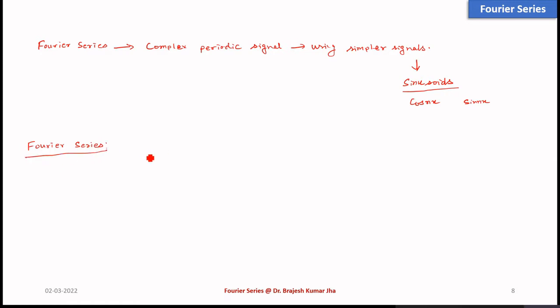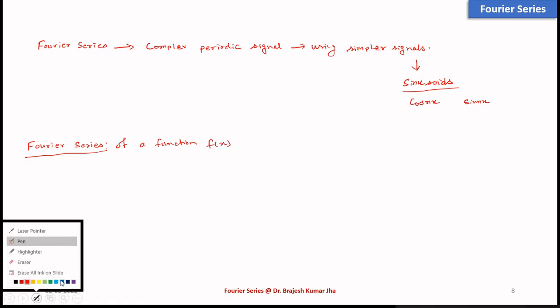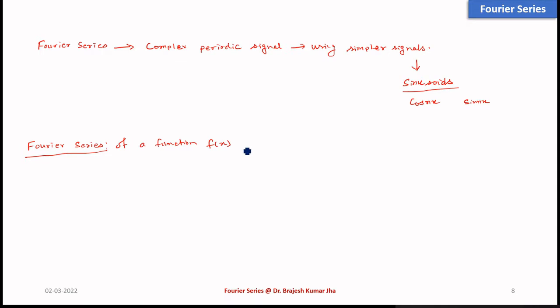the Fourier series of a function f(x) in the interval minus pi to pi.